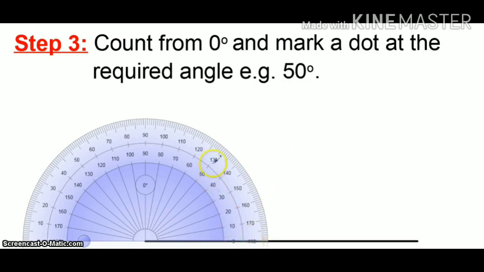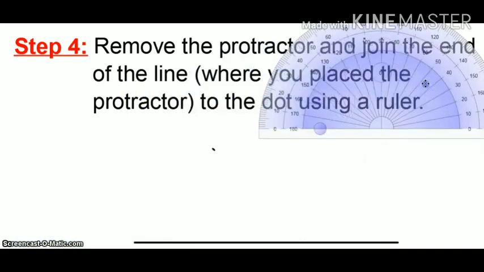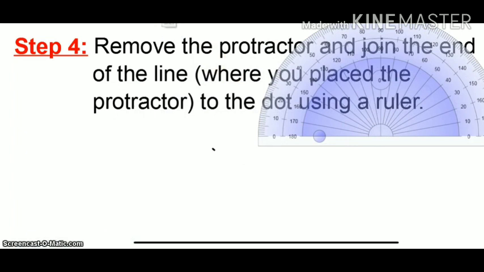So starting from 0, 10, 20, 30, 40, 50, there we have to put the dot. Remove the protractor and join the end of the line where you placed the protractor to the dot using a ruler. So like this.